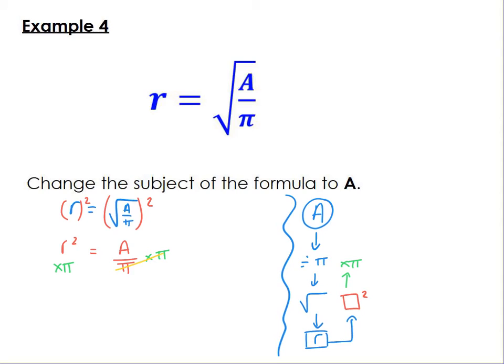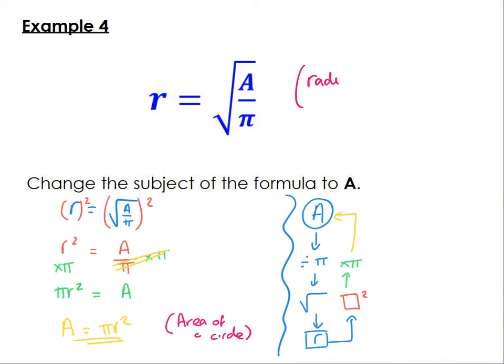That is going to give me pi r squared equals a. And to write it with the subject on the left hand side, I'm going to get a equals pi r squared. And this is the formula to calculate the area of a circle. And well done if you recognise the original formula was the formula to calculate the radius of a circle when you're given the area.